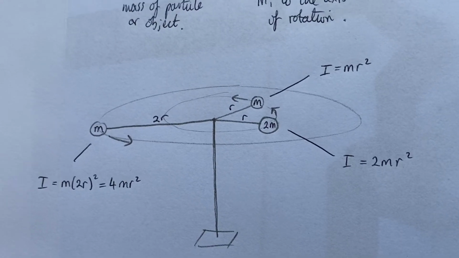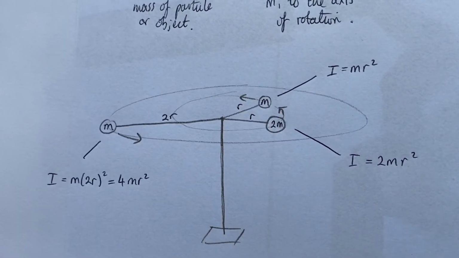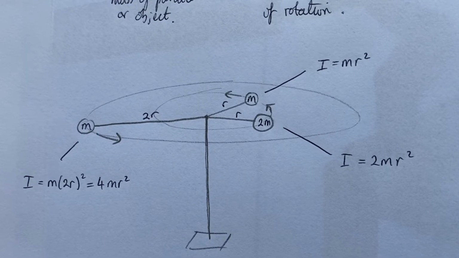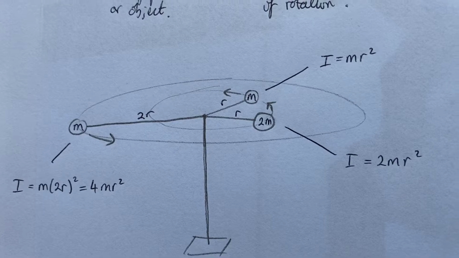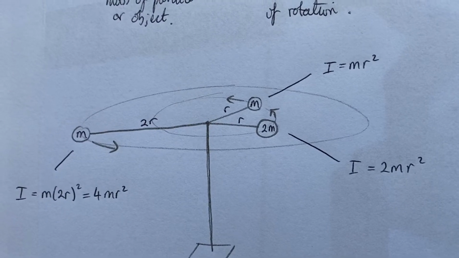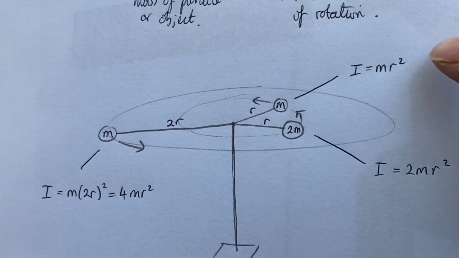So in this first example up here, we just have a mass m rotating at a distance r from the axis of rotation, and that gives us a moment of inertia of just mr squared.